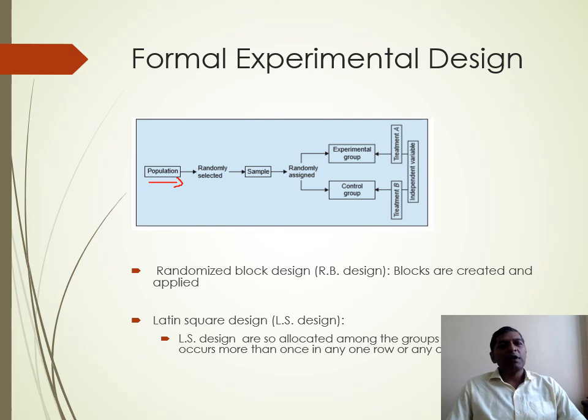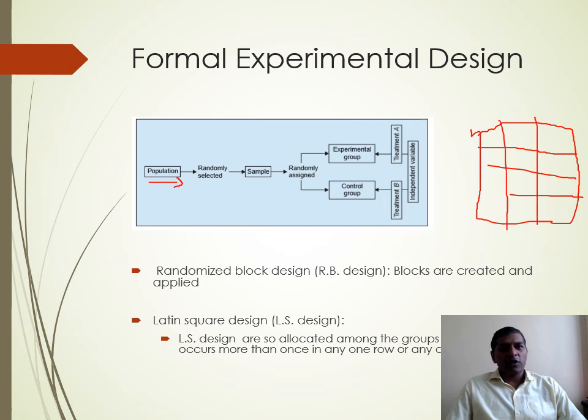We also have the Latin square, LS, design. In the Latin square design, we have to create a matrix. In this particular matrix we will be applying the number of treatments and the number of groups. This is a kind of experimentation matrix where we have experimentations and randomized groups.